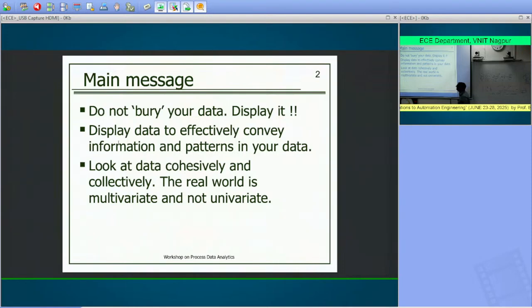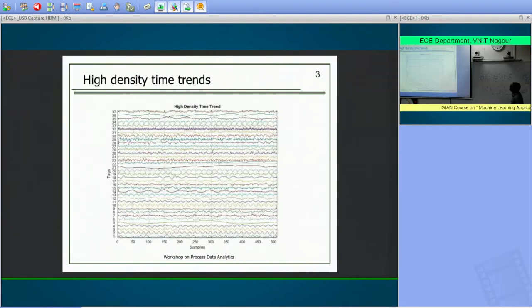Okay, so I'm going to show you some plots, high-density time series plots. I believe this is from a refinery. There are about 37 different variables, and you can see the data. If there is an anomaly in the data, something that jumps out, you can very quickly identify it in a plot like this, instead of using perhaps a complex algorithm to process the data and extract that information.